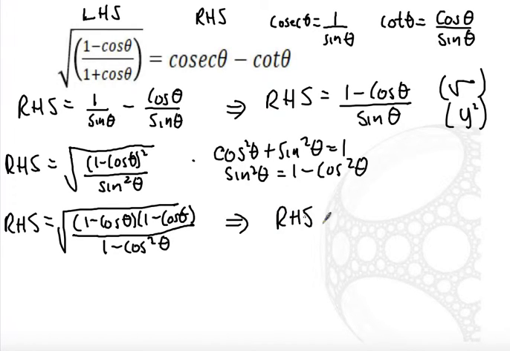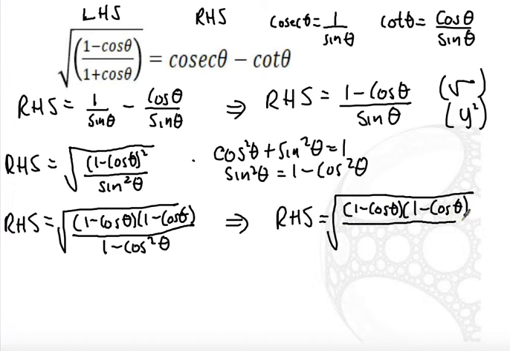my right hand side, if I notice the bottom of my fraction here, it's actually a difference of 2 squares, so I can factorise that as well. So I get 1 minus cos theta times 1 minus cos theta over 1 minus cos theta times 1 plus cos theta.